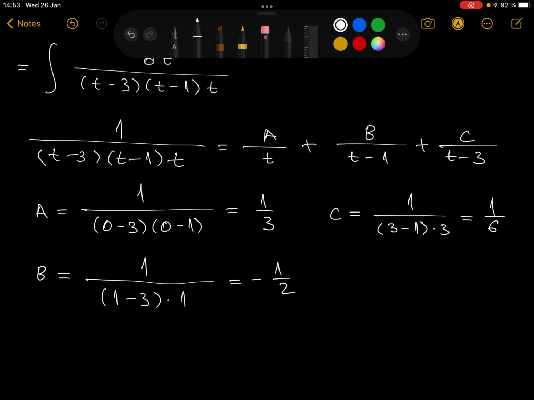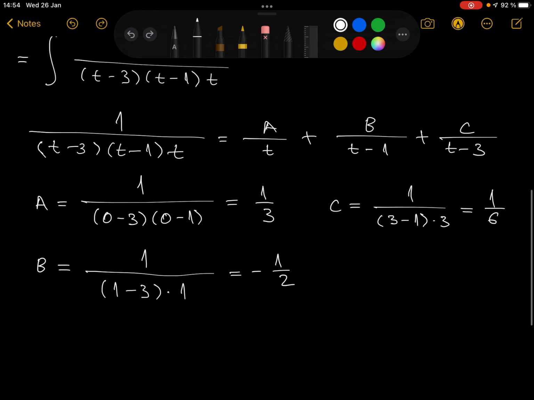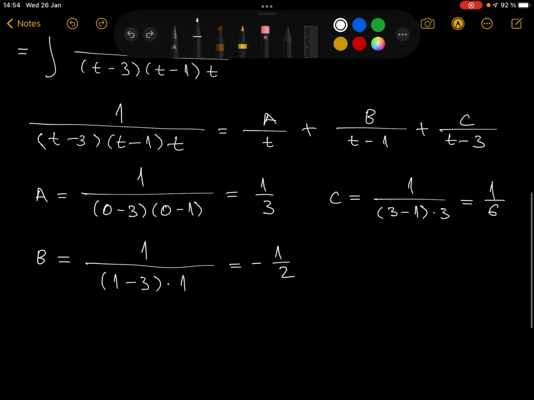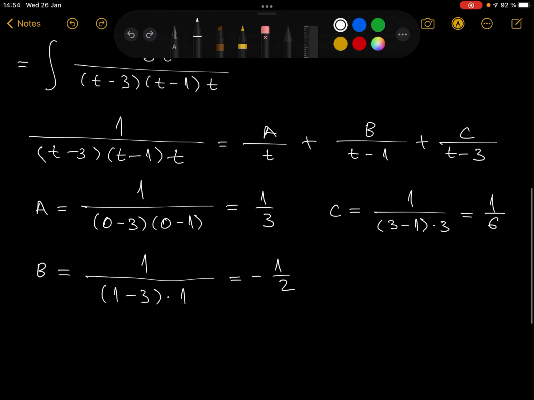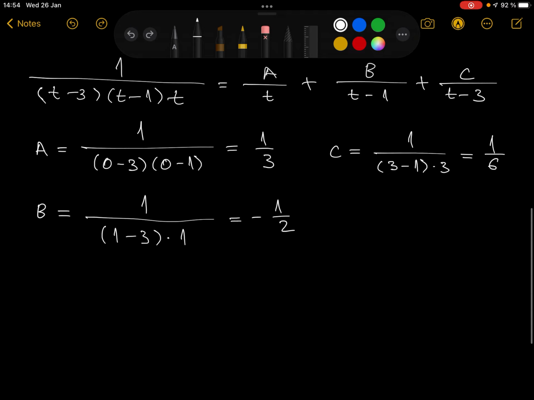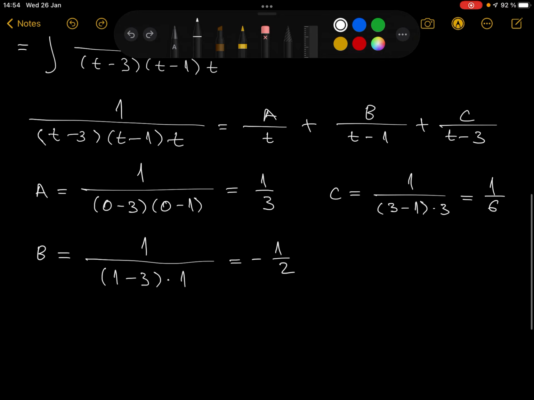So if we were to have a square right here, or here for that matter, that wouldn't work, and you would have to make a system of equations and go the long way. Or if you have any complex solutions, or anything to the square, anything to the cubed, anything that's not factorable, this cover-up method won't work. But in this case, it works beautifully.